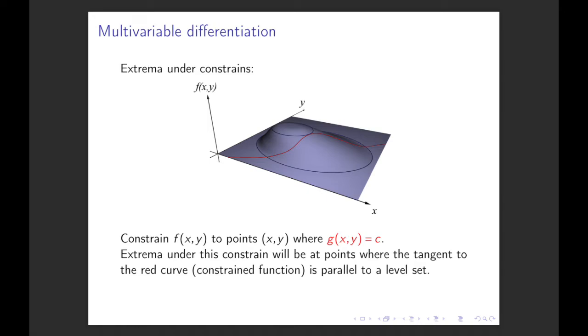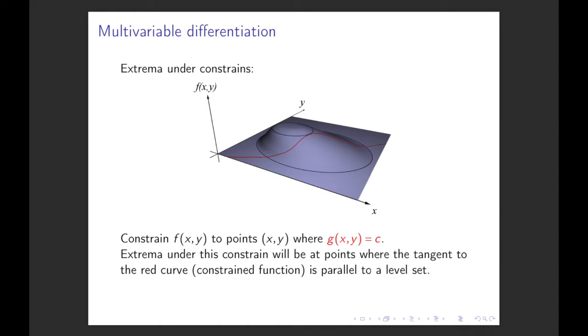So that is a parameterization of the red path. Now, where is this red path maximal? That is finding an extremum of the function f under the constraint: we can only walk along the red path. The condition for having a maximum here is that the tangent along our path will be tangent to a level set of our function f.